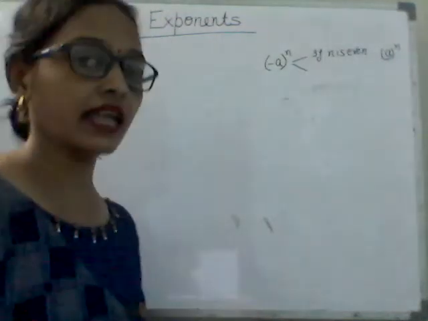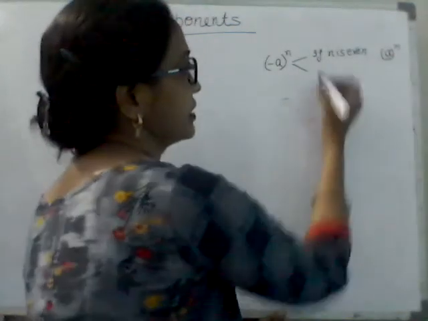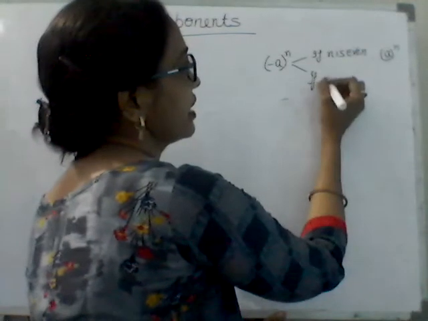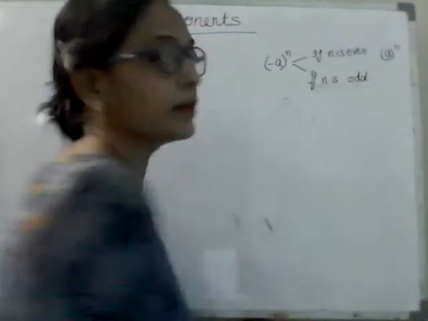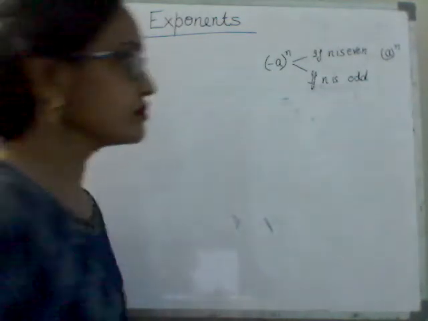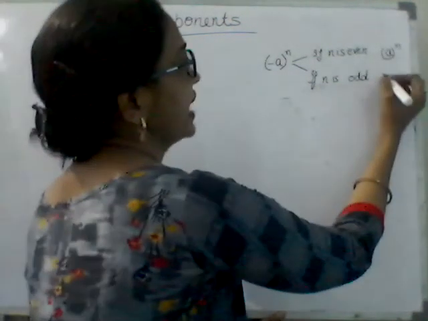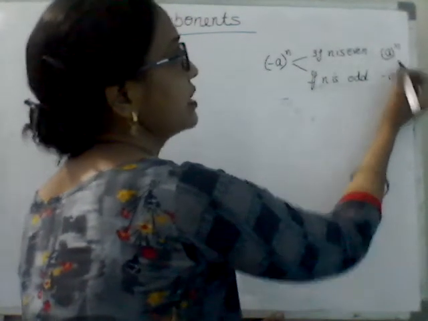If n is any even number, then we get a to the power n. If n is any odd number like 1, 3, 5 up to infinity, then we get minus a to the power n.